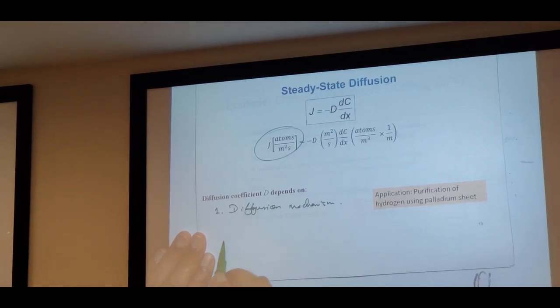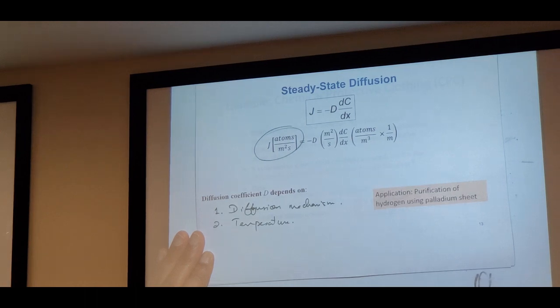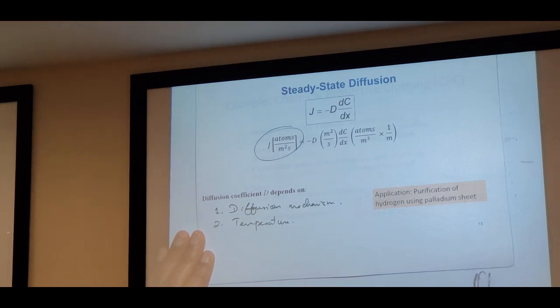Two, temperature. We will come back to this one. You remember, whenever the temperature increases, what happens to the diffusion? It increases. It's very simple, right? The vibration increases and the transport also increases as the temperature increases. So temperature is another factor.